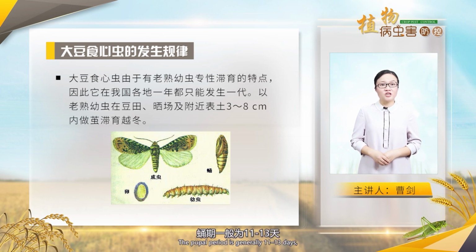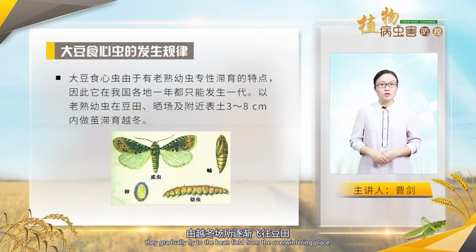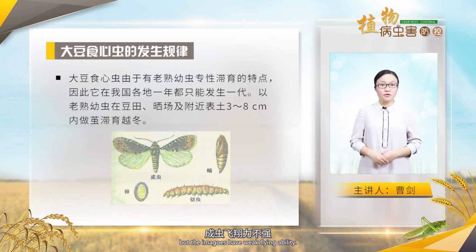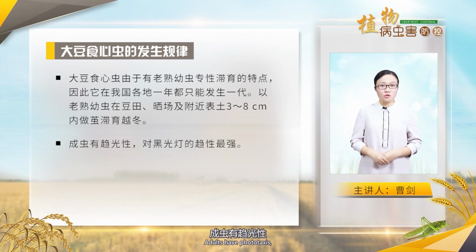The pupal period is generally 11 to 13 days, and the imagos emerge in August. After the imagos are unearthed, they gradually fly to the bean field from the overwintering place, but the imagos have weak flying ability. Adults have phototaxis, with the strongest phototaxis to black light lamps.